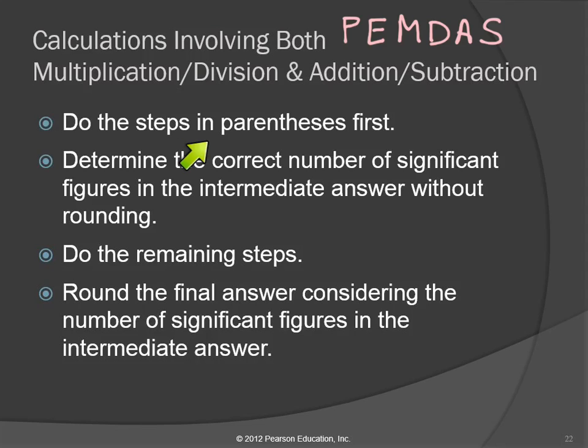So we need to do steps in parentheses first. We need to look at addition, subtraction, multiplication, division separately in terms of the significant figures. So we're going to have to look at intermediate values, do the remaining steps, and round the final answer.